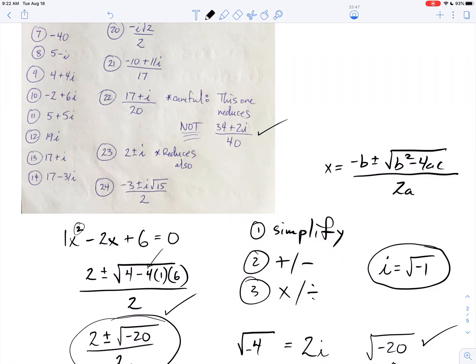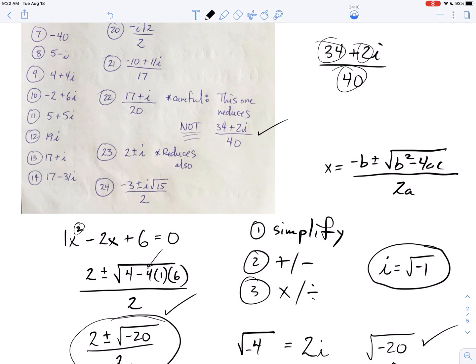But I want to explain to you how to reduce things. 34 plus 2i over 40. It only happens if all 3 values, all of them, have a common factor. You get to reduce it. What goes into 34, 2, and 40? The number 2 goes into all those, therefore it's reducible.